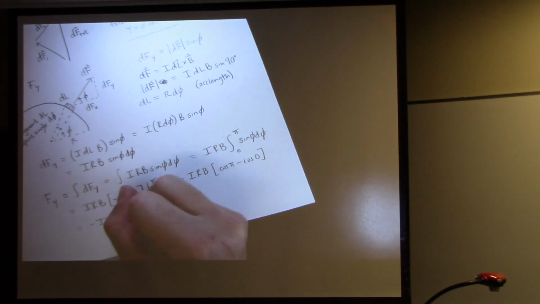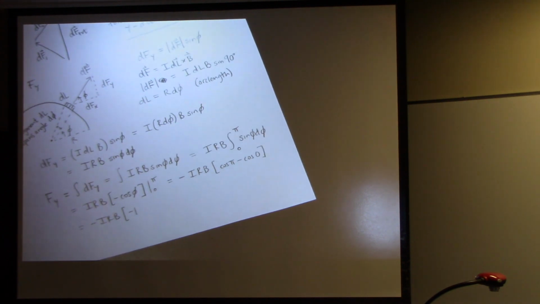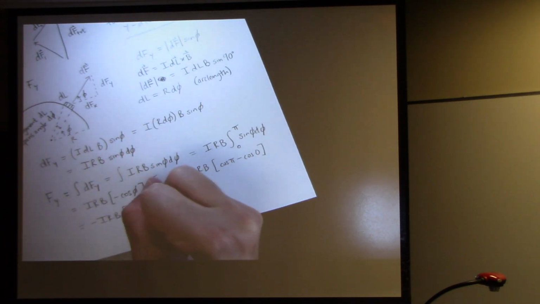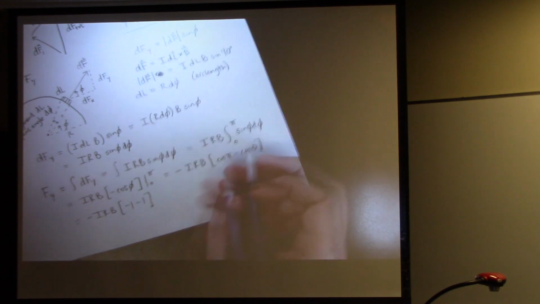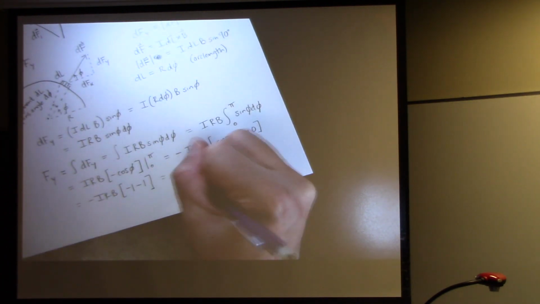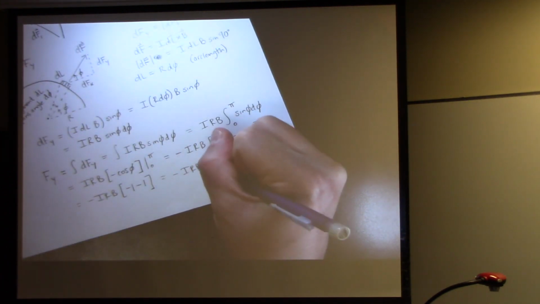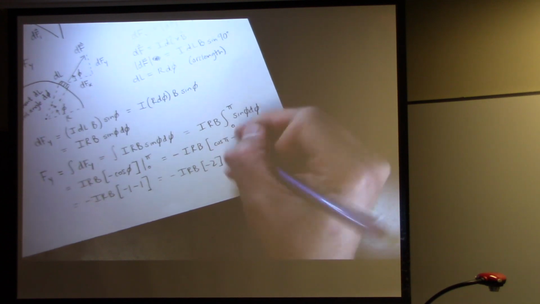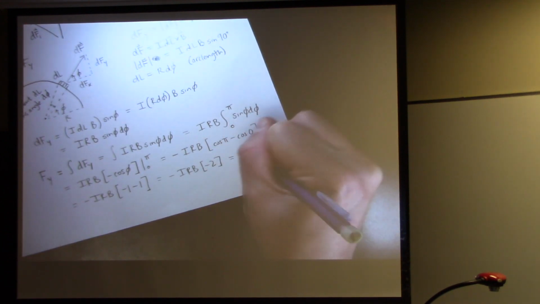Cosine of pi is negative 1. Cosine of 0 is 1. So I have negative 2 in the brackets. Minus IRB times negative 2, or simply 2 IRB.